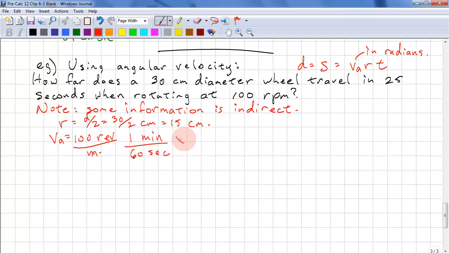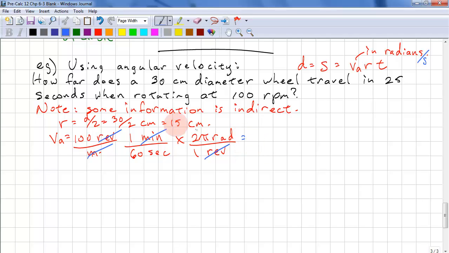And we also need to multiply this as 2 pi radians per revolution. Remember, revolution means once around the circle. So now we can cancel out revolution, we can cancel out minutes, and we're left with radians per second. Again, this needs to be in radians per second, or some time unit.